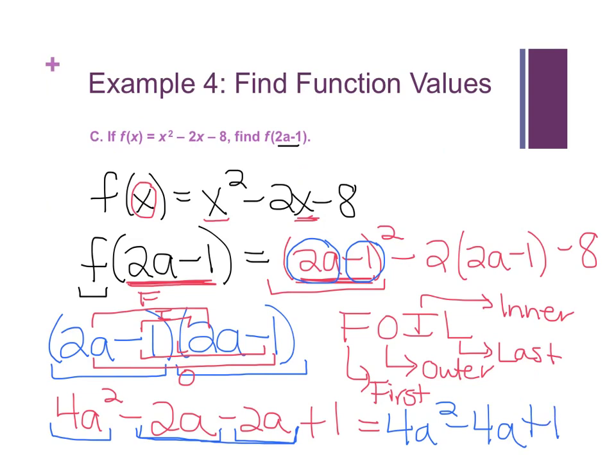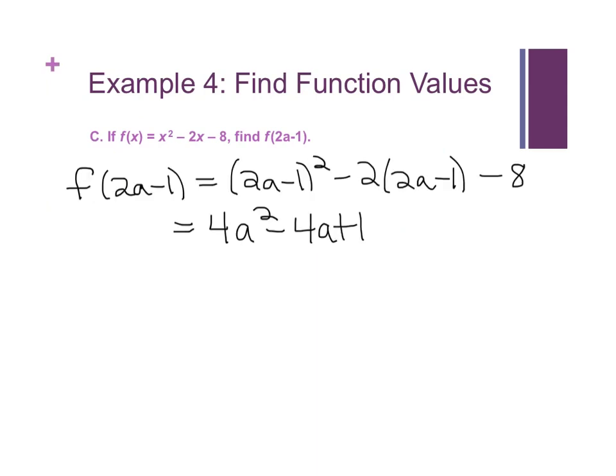Now, realize that all I've done so far is expand this binomial. I still have to distribute the negative 2 here and subtract an 8. I'm going to continue that on the next slide.